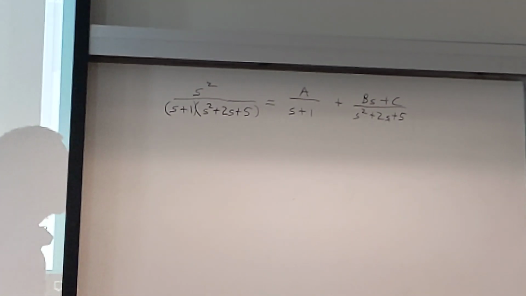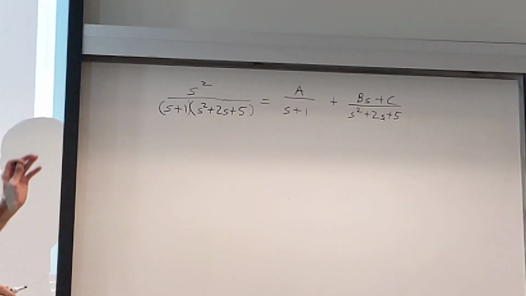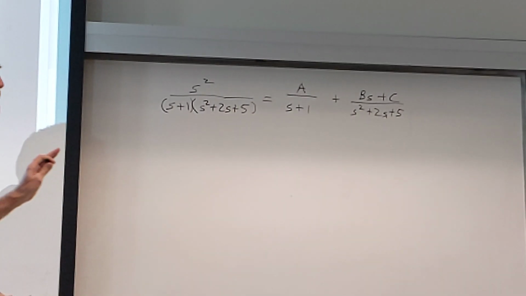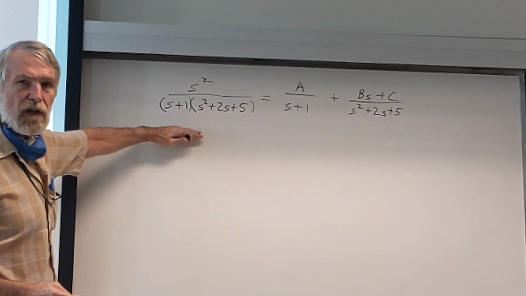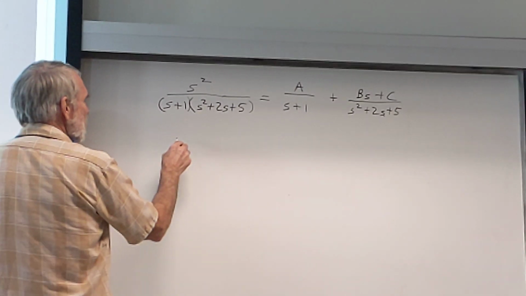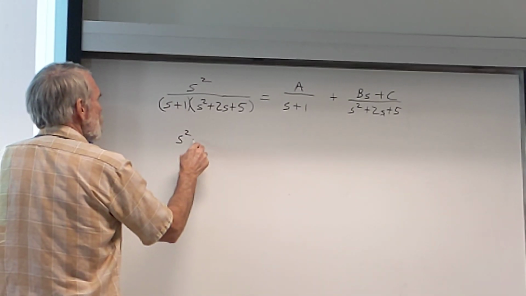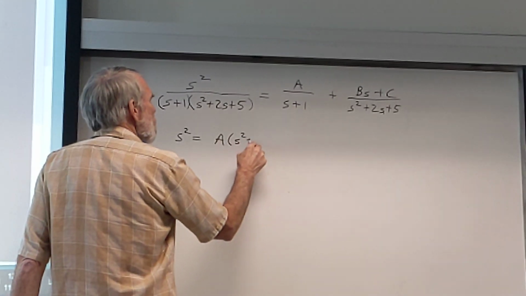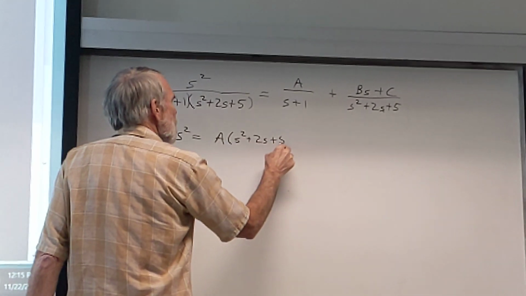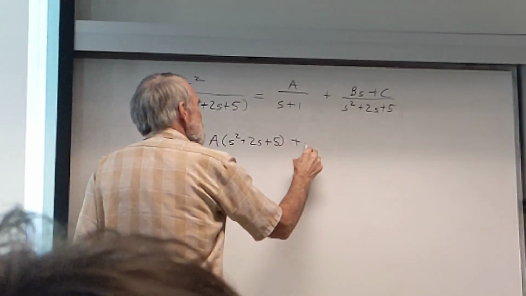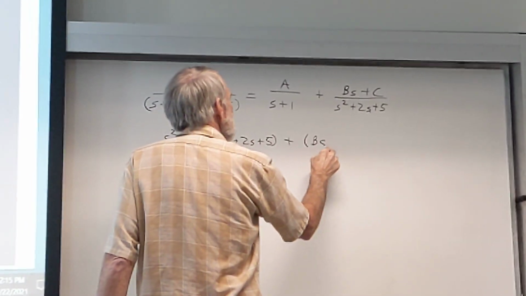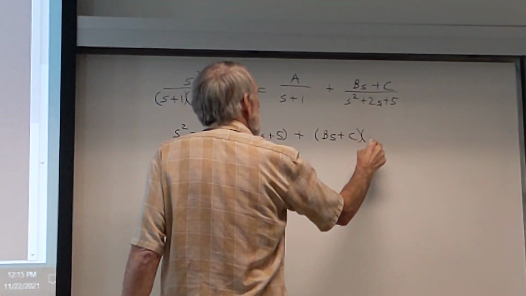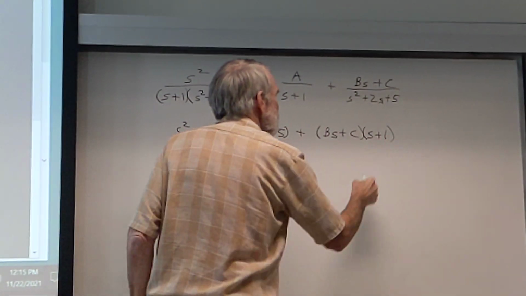All right. So, when you do partial fractions decomposition, the best thing to do, of course, is to multiply by this denominator. So we're going to have s squared is equal to a times s squared plus 2s plus 5 plus the quantity bs plus c times s plus 1.